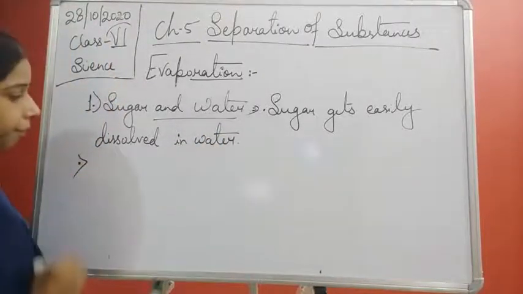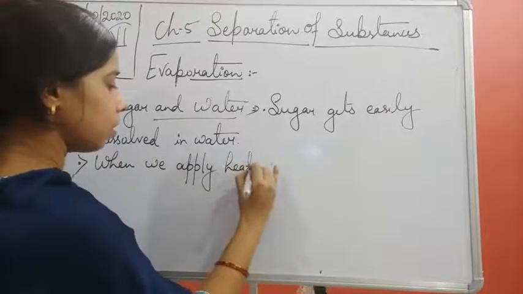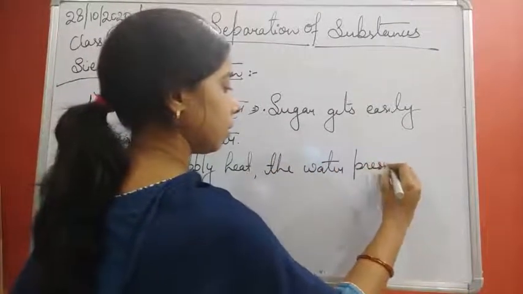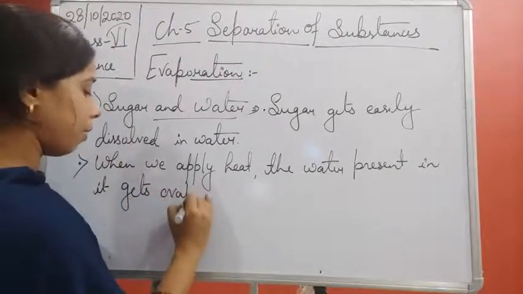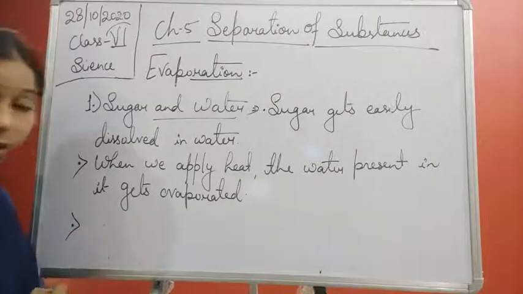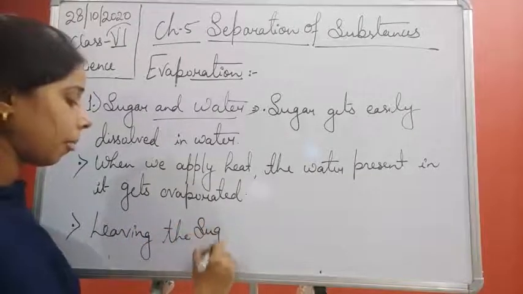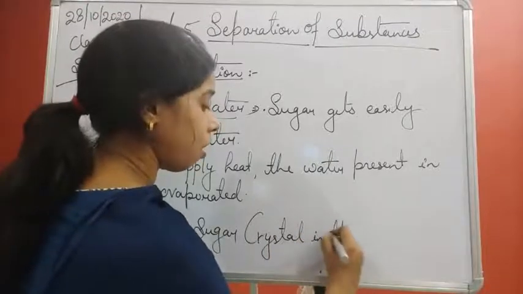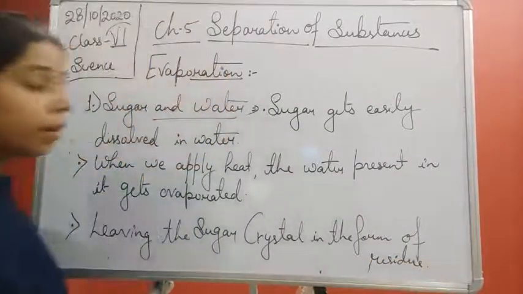The second thing, when we apply heat, the water present in it gets evaporated, leaving the sugar crystals in the form of residue. Okay, in the form of a residue.